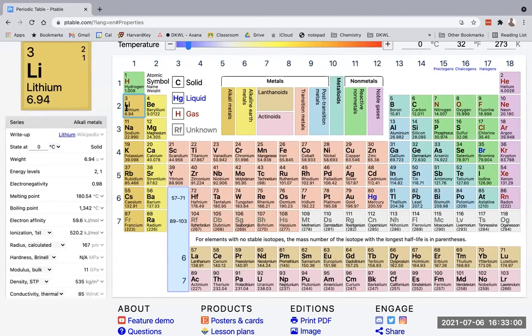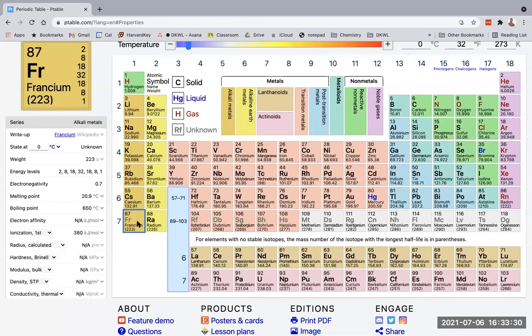Notice the melting point in there. You can see that lithium melts at 180. Sodium, on the other hand, melts at 98. Potassium at 63. Rubidium at 39. Cesium at 28. And francium at 21, which means that francium would be a liquid at room temperature. Weird for a metal.